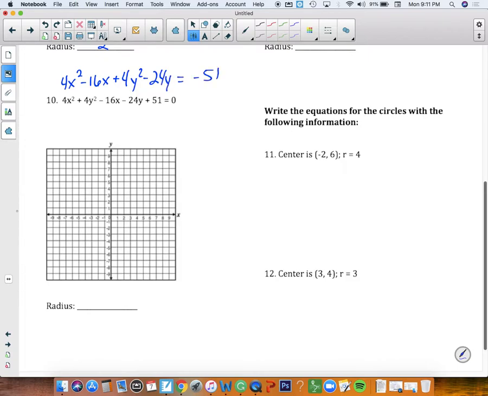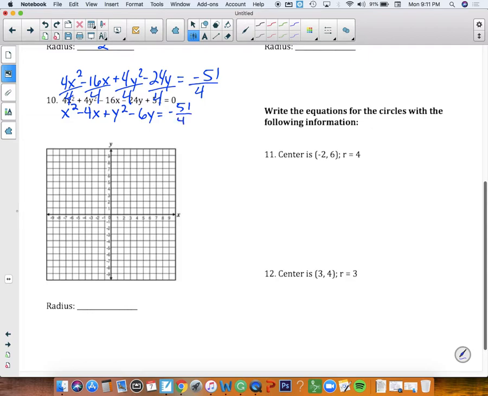So that is grouping everything together, and now we need to divide by the things out in front. So that is a 4. Divide everything by 4. And then we'll rewrite it so we can see how we complete the square. x squared minus 4x plus y squared minus 6y equals, we're going to have to leave that as negative 51 over 4 because it doesn't divide evenly.